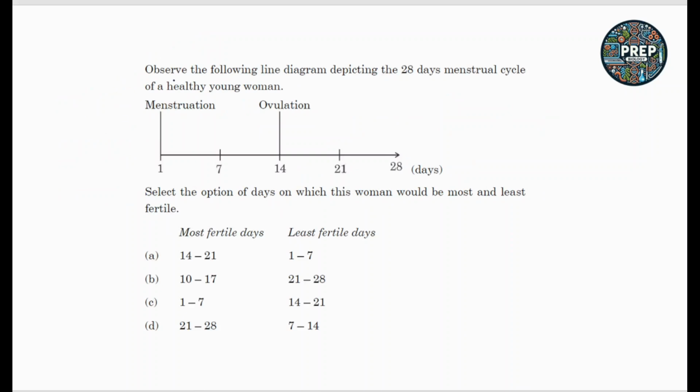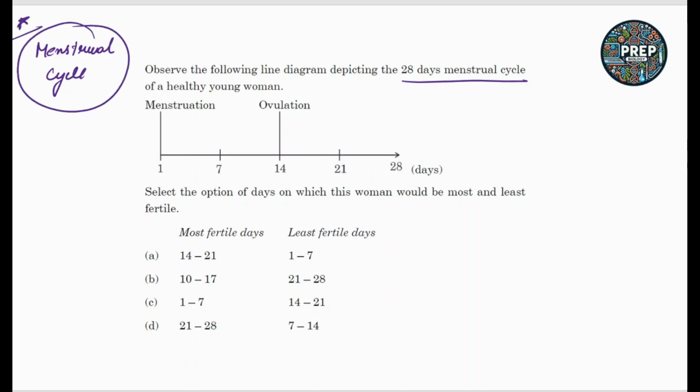Next question is, observe the following line diagram that depicts the 28 days of the menstrual cycle. So you all can see here the menstrual cycle. This topic is very, very important for your board examination, from unit 1. So read and understand this particular topic carefully.